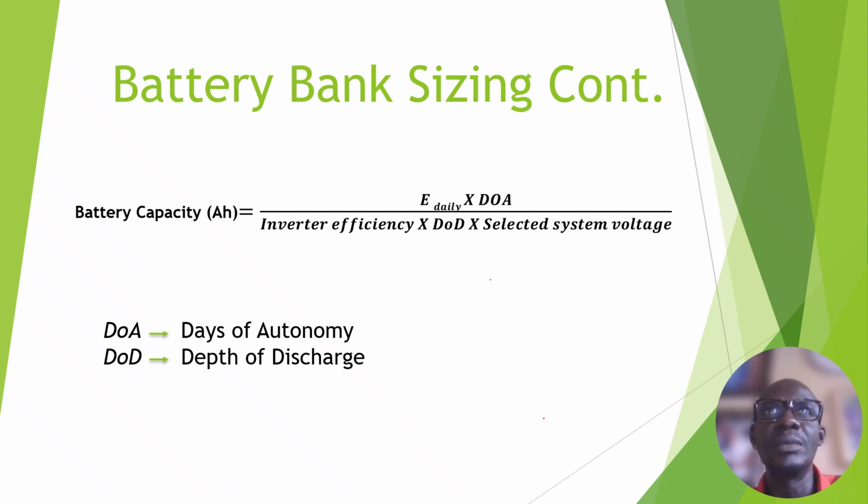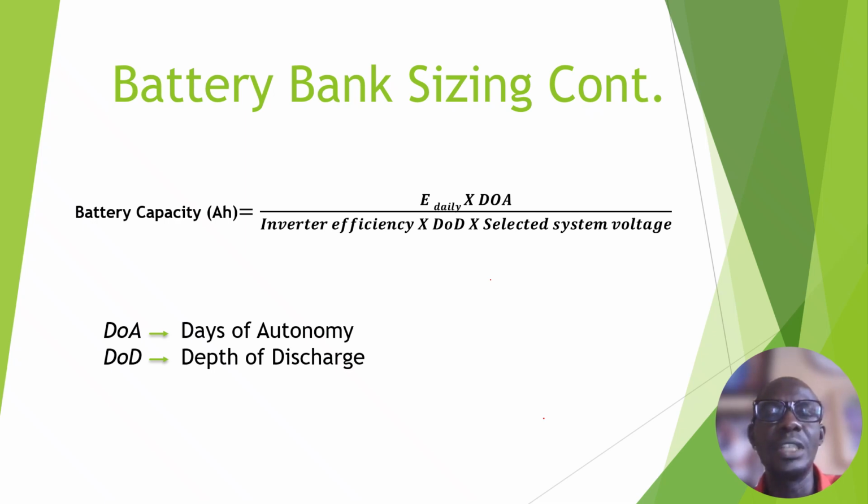This is more of the reason you have to design your system very well. Days of autonomy shows that, for instance, if there is no sun today and no sun tomorrow, will my system die down, or will I not use the solar system for those 2 days? That's where the case of autonomy comes in.